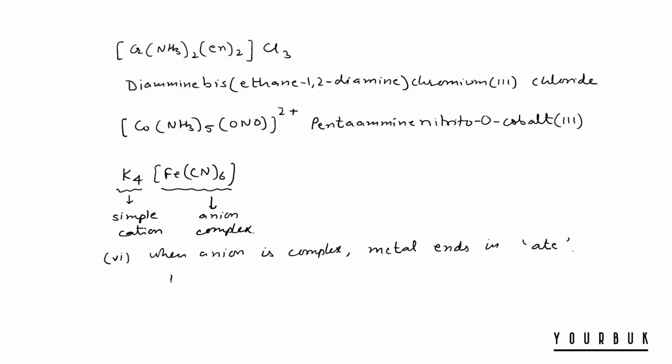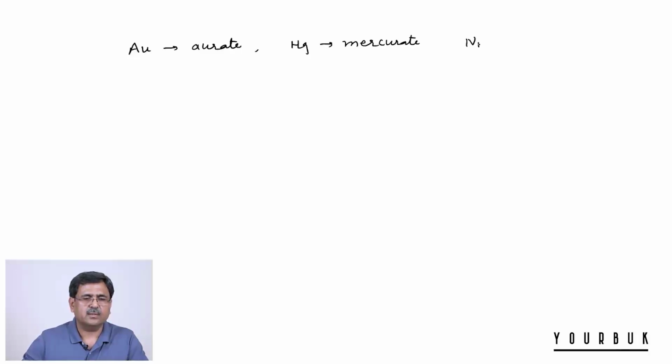For example, if you have iron present, you will write ferrate. For copper, we write cuprate. For silver, we write argentate. Some more examples. Suppose you are given gold in the anionic complex, then we write aurate. For mercury, we write mercurate. And for nickel, we write nickelate.